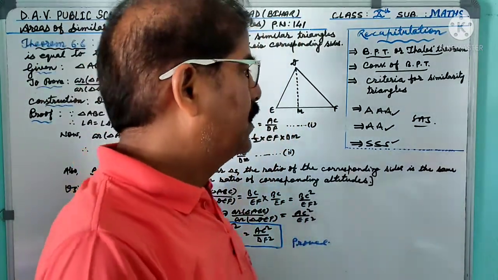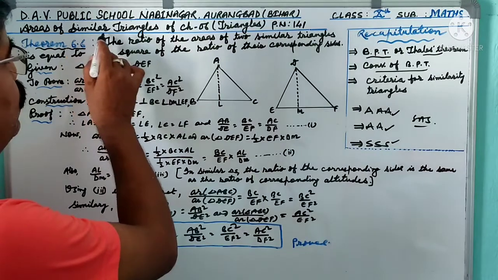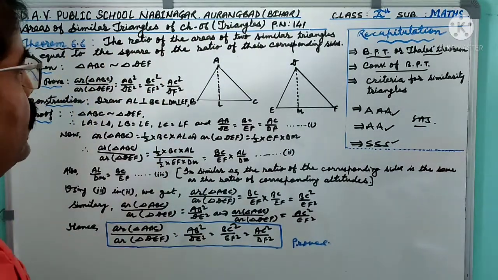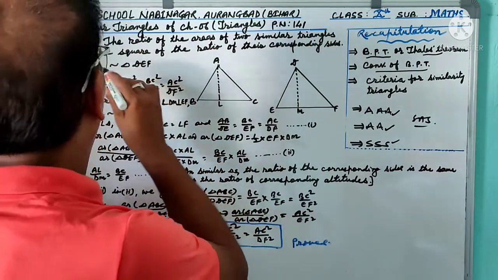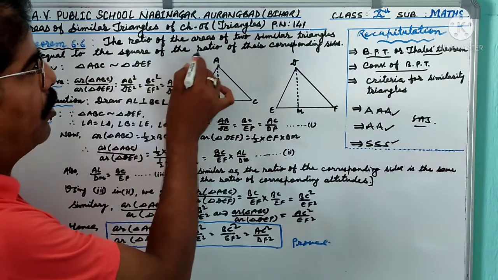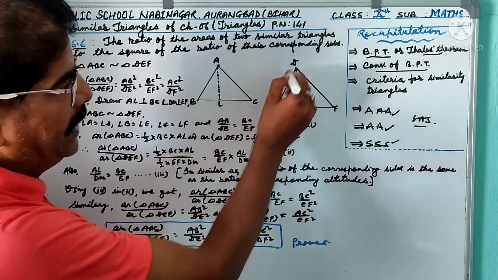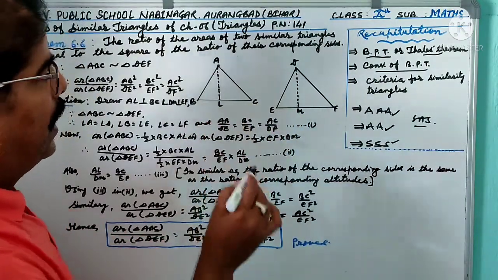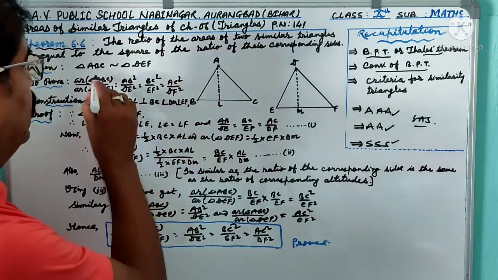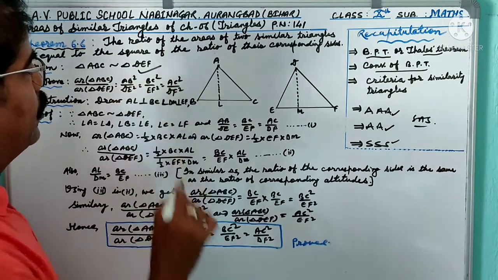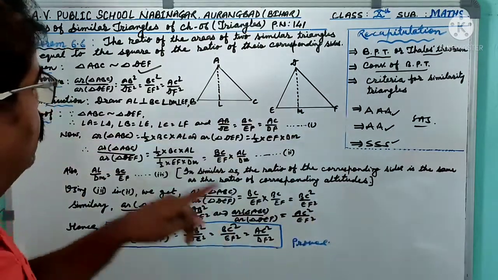Now let us start the new topic, area of similar triangles. Dear students, the ratio of the areas of two similar triangles is equal to the square of the ratio of their corresponding sides. Given: ABC and DEF are two similar triangles, triangle ABC similar to triangle DEF.